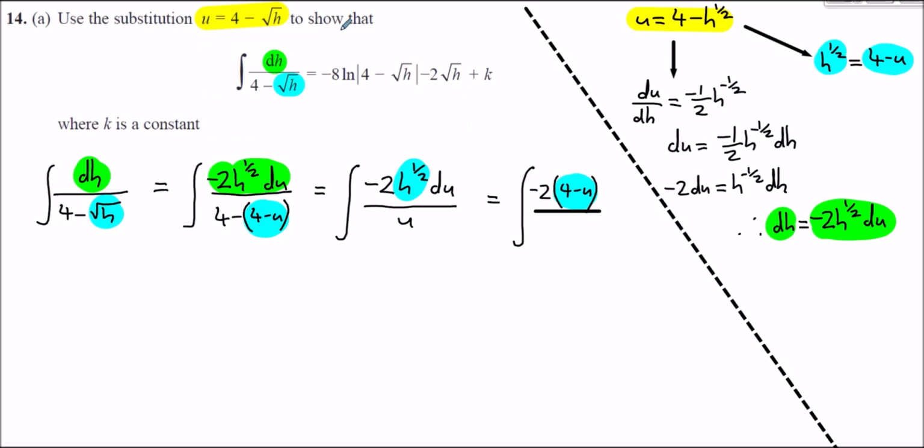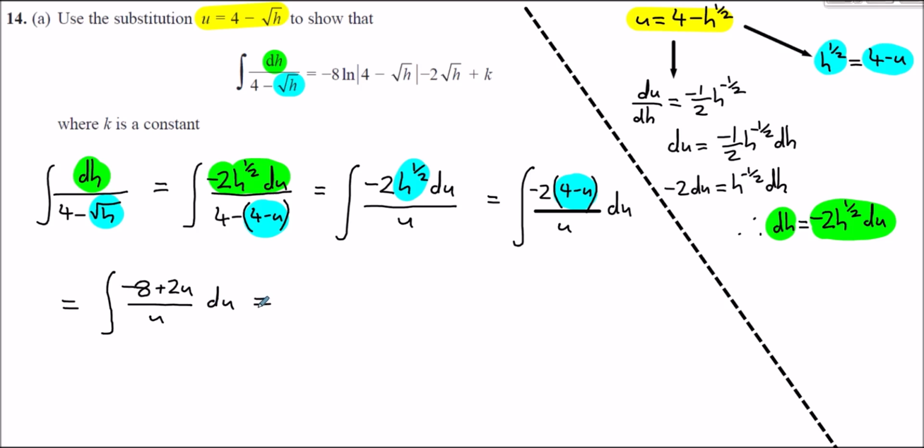So after all this fussing around, hopefully you can see now this isn't going to be so bad if I expand and simplify. So I'm going to get -8 on the top, then -2 times minus u is going to be positive 2u, so add 2u to both sides, all over u with respect to u. So now I'm pretty much ready to integrate this.